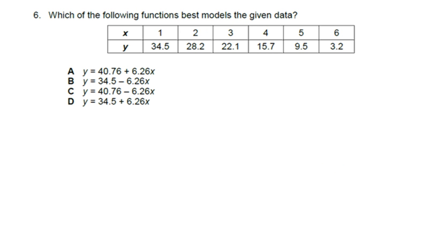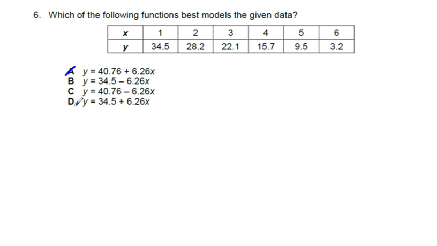Next, 6. Which of the following functions best models the given data? Well, it looks like all the choices are linear, and it looks like we're going down every time. So as x increases, y decreases.